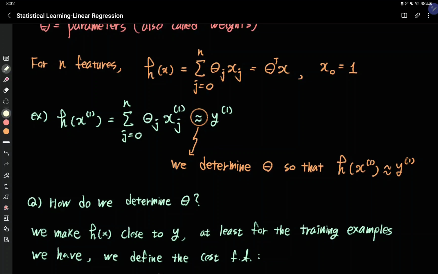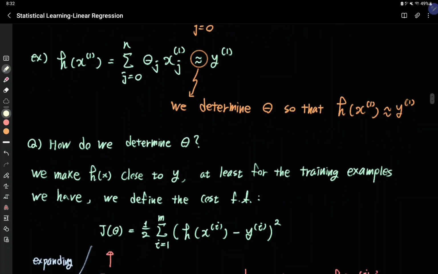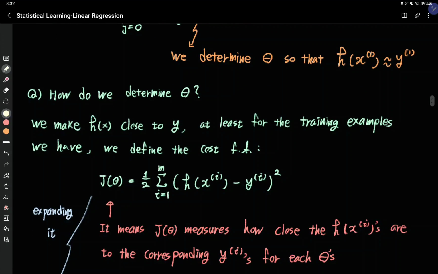We determine theta so that this is really close to y superscript 1. We want the value of h to be really close to the first target value. So we make h of x close to y, at least for the training examples. So we define the cost function first.